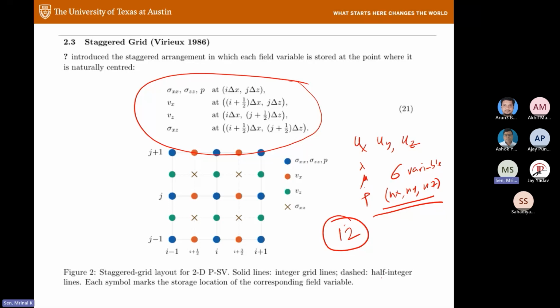So this is quite popular for elastic case. And normally, if I was teaching this course maybe 10 years ago, I would not be talking about elastic case. But now it's very, very important, because everybody is now going to elastic FWI. So you have to understand how the elastic forward modeling works. Otherwise it's all finite differencing.